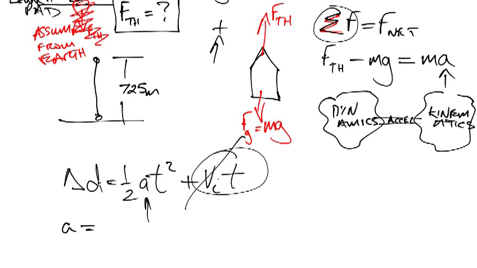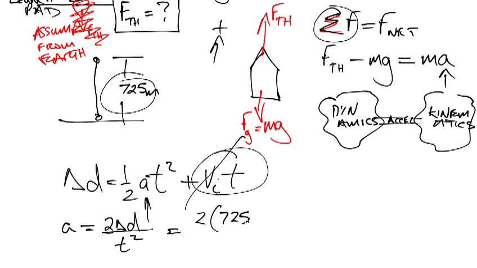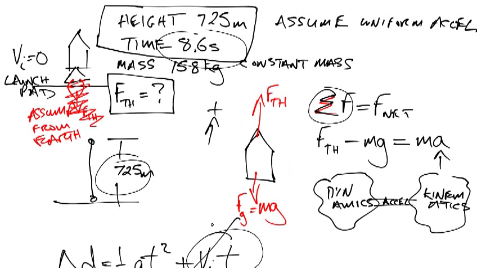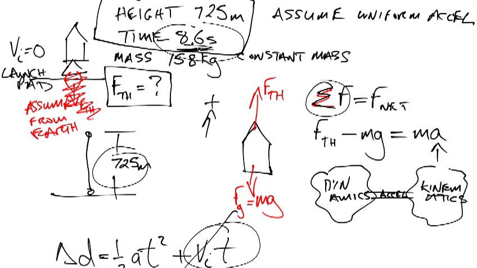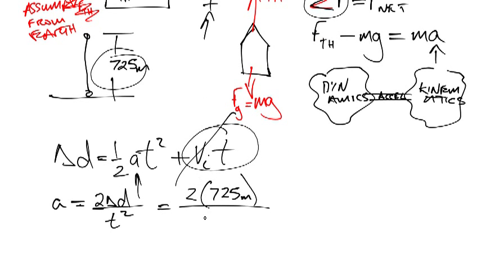a equals, take the 2, multiply it by the delta d, take the t squared, and divide by it. So we're left with 2 times, now what's the distance? 725, divided by, and what was the time? 8.6 seconds. So we go 8.6 seconds squared.